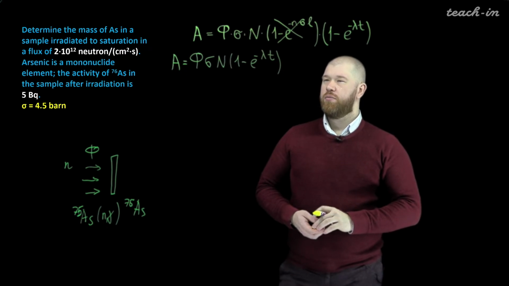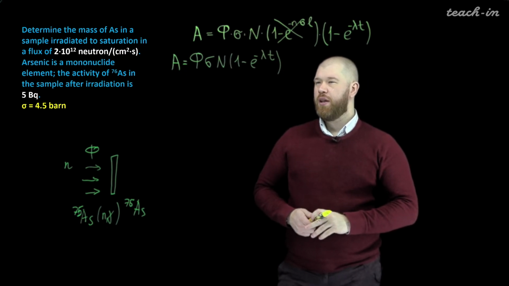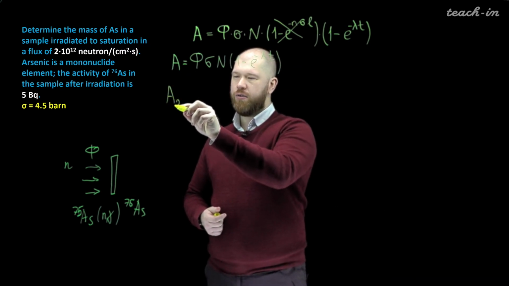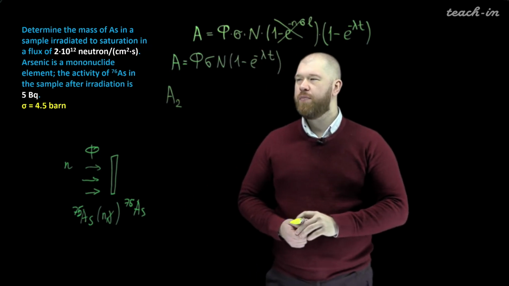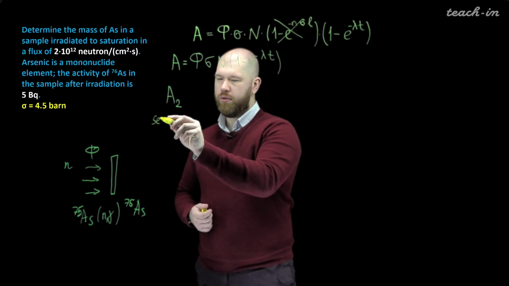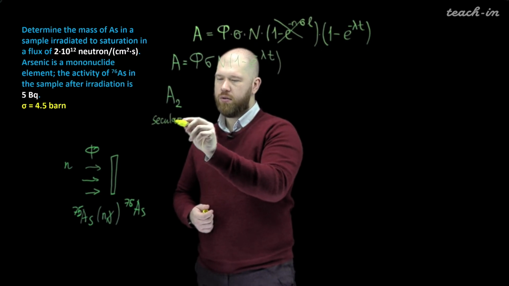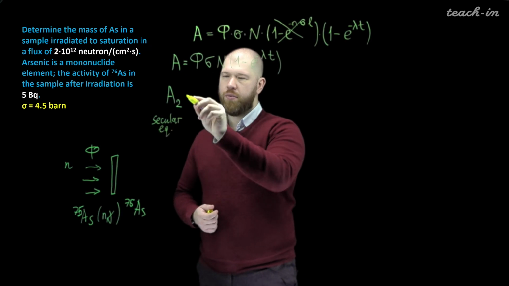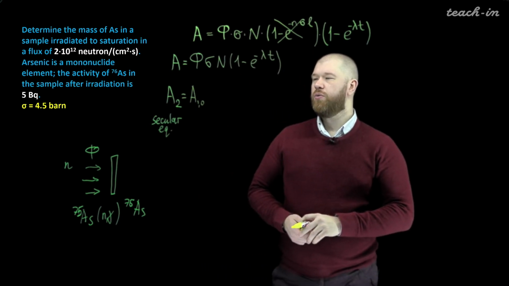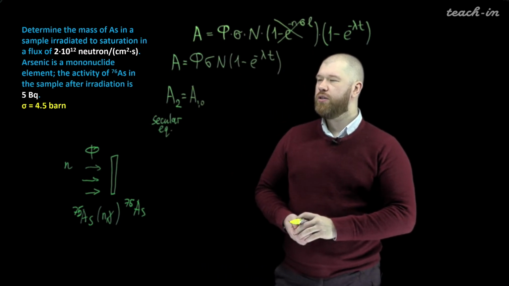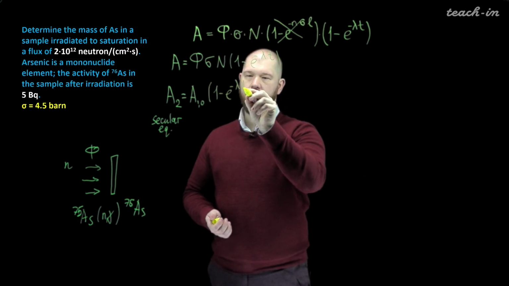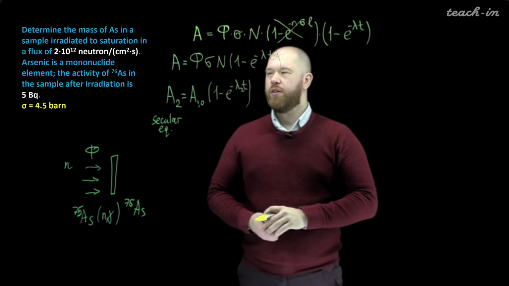And now take a look at this expression, and I will remind you how the activity of the daughter radionuclide is accumulated in the case of secular equilibrium. It is the initial activity of the mother radionuclide multiplied by this multiplier.